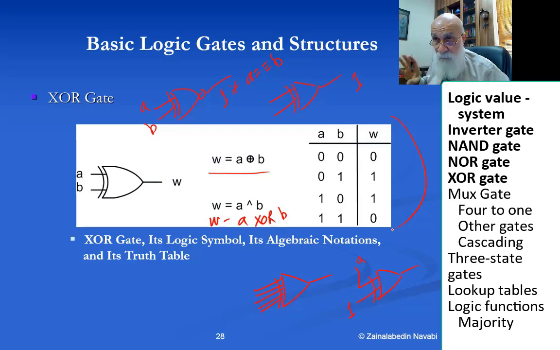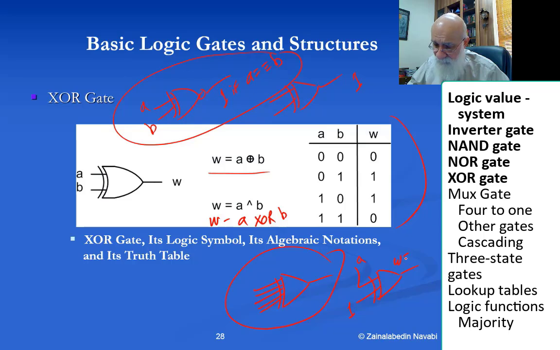Okay, so XOR has several ways of using it. It's a 1-bit comparator. It's an odd generator. It is also a controlled inverter. Okay?